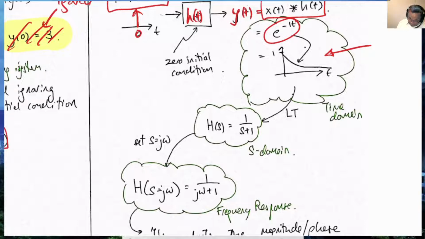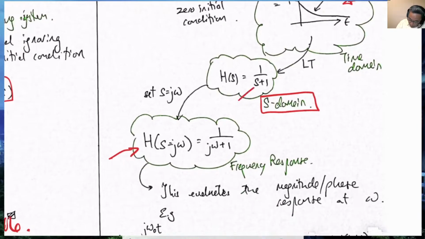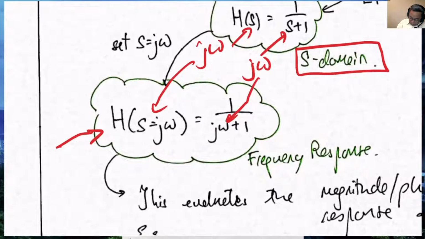Now, if we are interested to find something called the frequency response, we take the S domain, H(s), and then we substitute s to be jω. That's all. So now here and now here. Then we have a function called the frequency response, and this frequency response does nothing but give values if you substitute different values of ω.